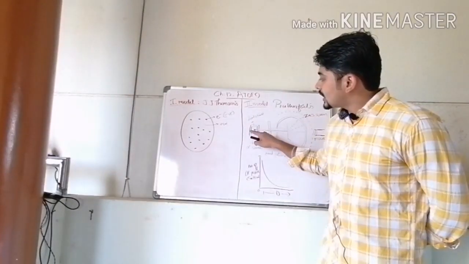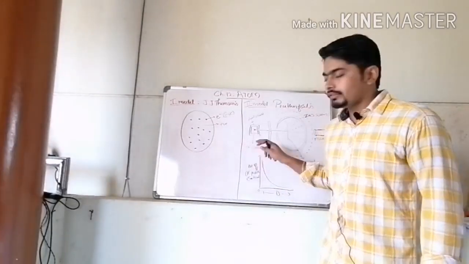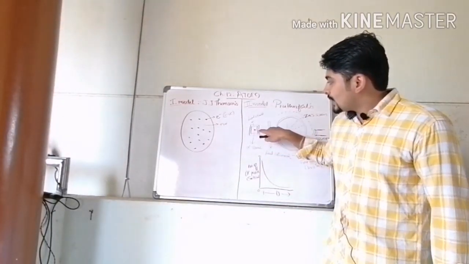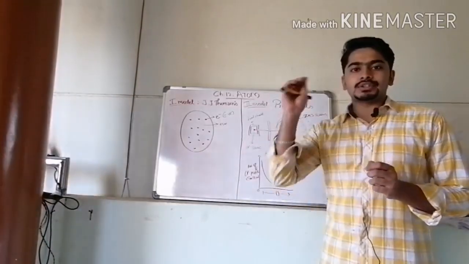So he used the lead shield surrounding the alpha source and made one fine hole to allow the alpha particles to pass through it.